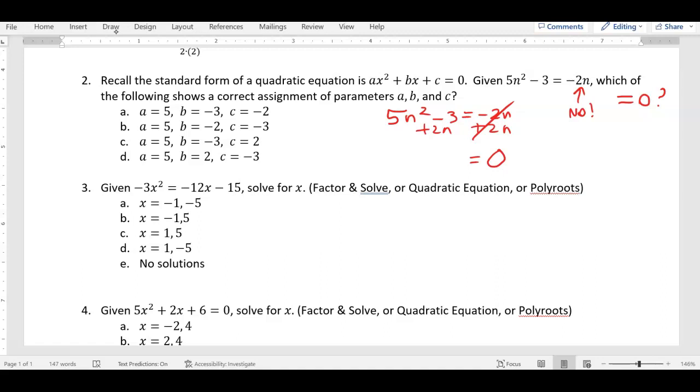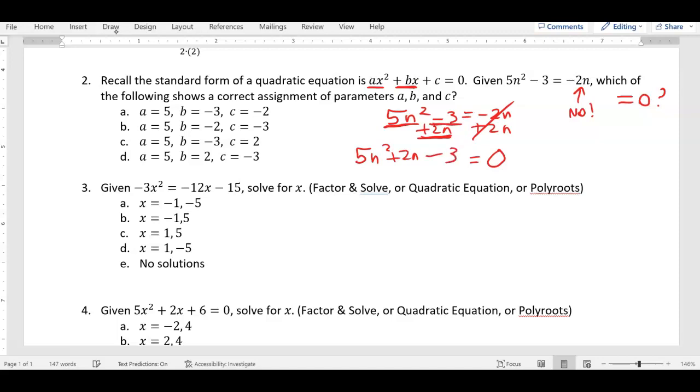But on the left, we gotta make sure we have this in the right order, okay? Whenever we're doing standard form, the x squared goes first, or the n squared goes first, so 5n squared. But this is where we get into issues. The next one should be plus bx, or in this case, n. Which term here is n? This one. It's plus 2n, and then my constant is the number by itself, minus 3.